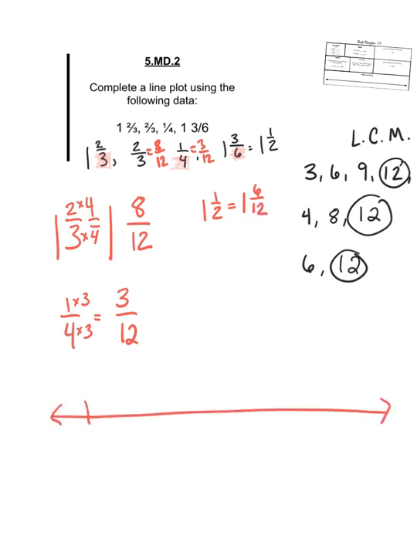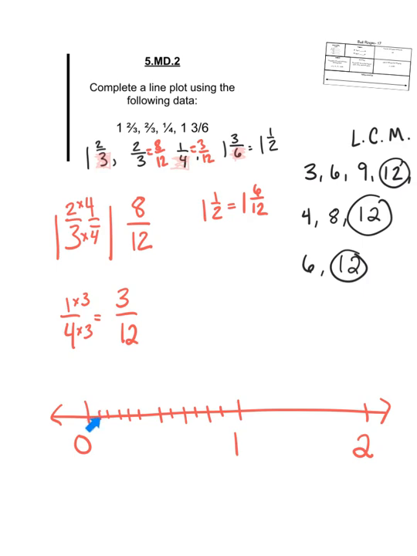Okay. So I'm going to do 0, 1, and 2. Okay, I think that will give me 12 equal pieces.